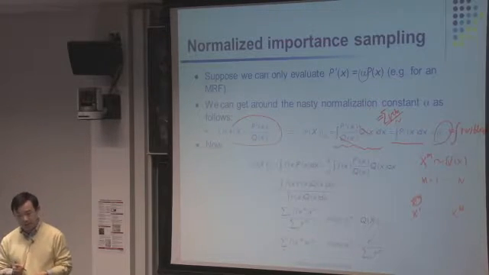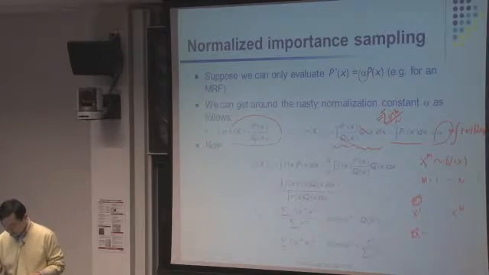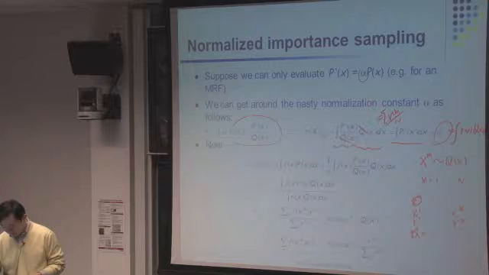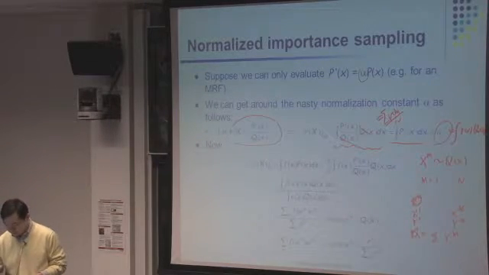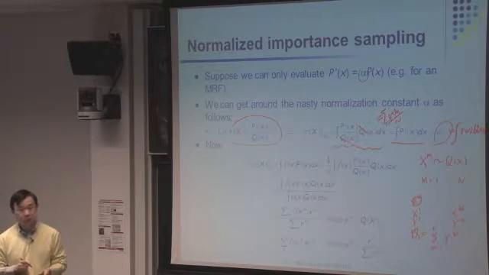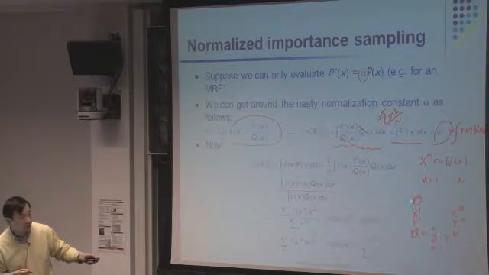Then we compute R of x1 through R of xn, and we compute alpha by performing a sum over m. And then we use this alpha to renormalize the R's.